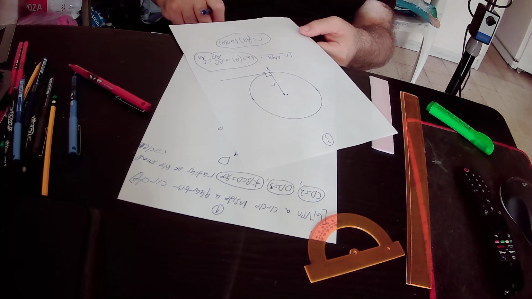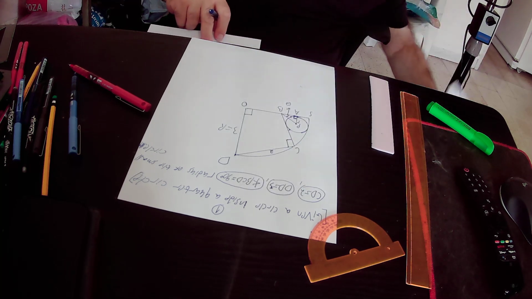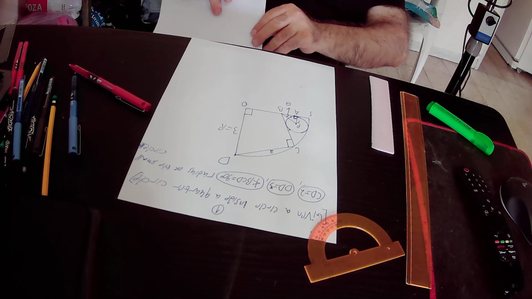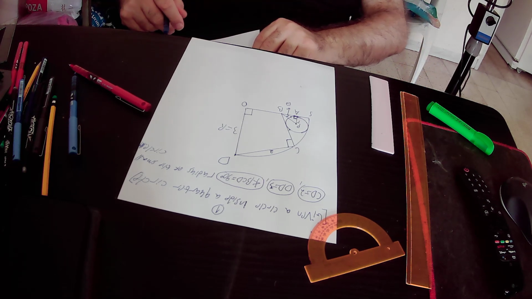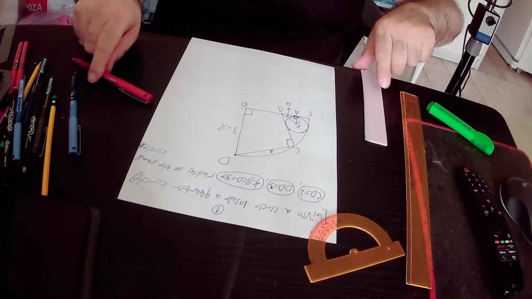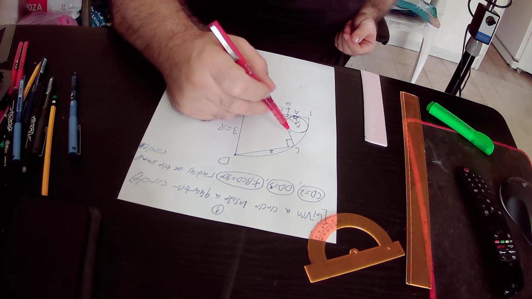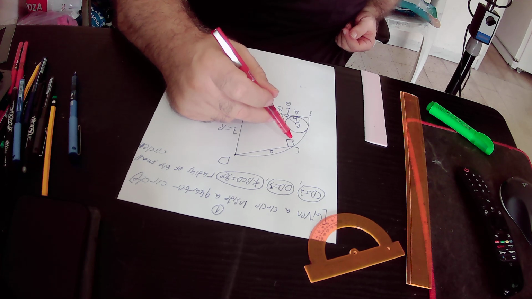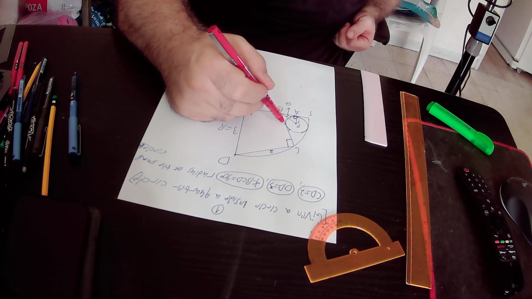So, in the next step, we will join together points. First of all, we will define, actually CB is tangent to the small circle at this point.